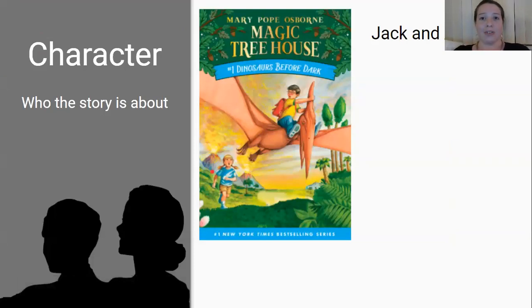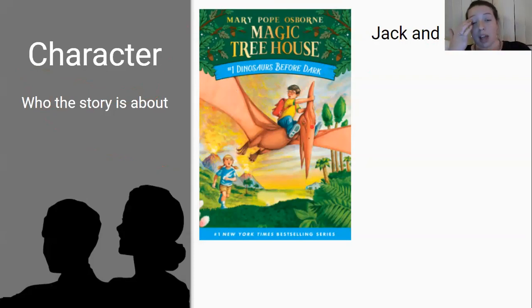Let's talk about characters. So a character is who the story is about, and a story can have more than one character. For example, in our book, Dinosaurs Before Dark, Jack and Annie are both our characters. There are, in fact, 2.